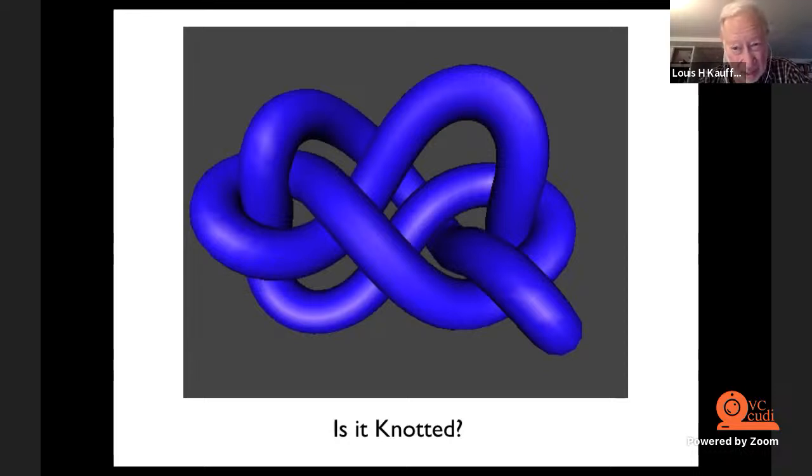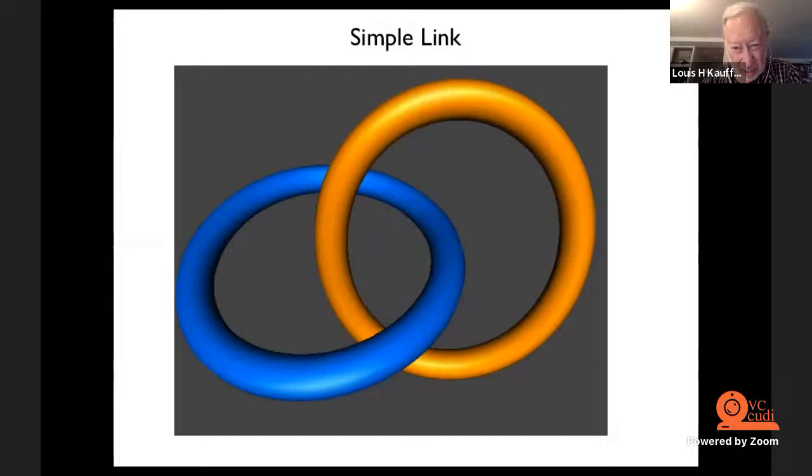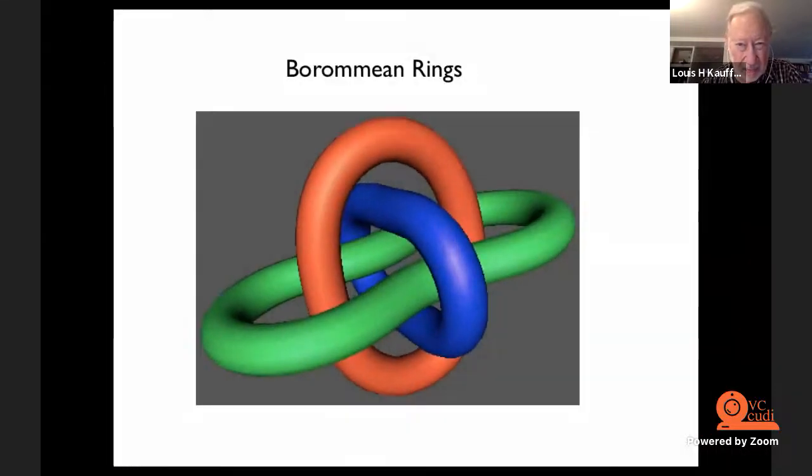It can be smoothly isotoped until it's just a circle, but you might find that a little difficult. I won't have time in the talk to do it for you, but if you're interested, we can look at it later. And of course, there's linking. And there's subtle linking, like in the Borromean rings, where the three are linked, but any two of them are unlinked.